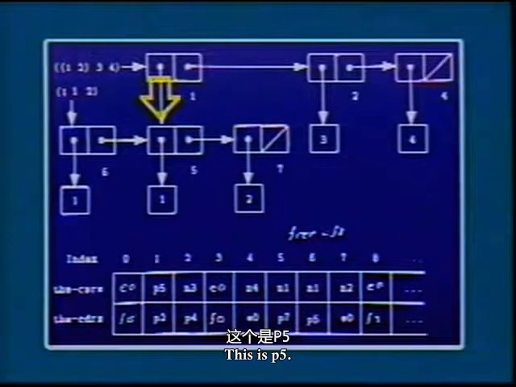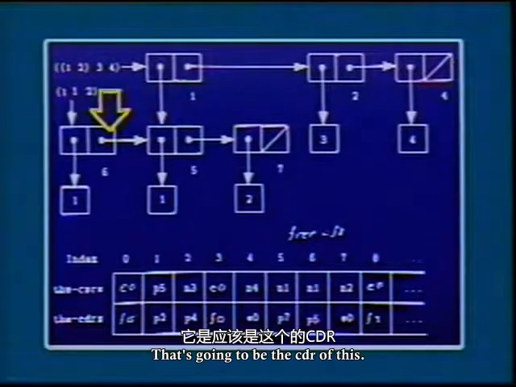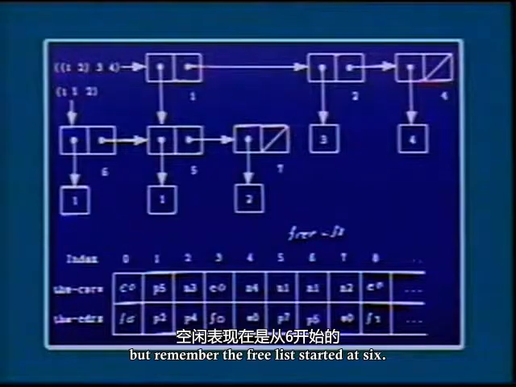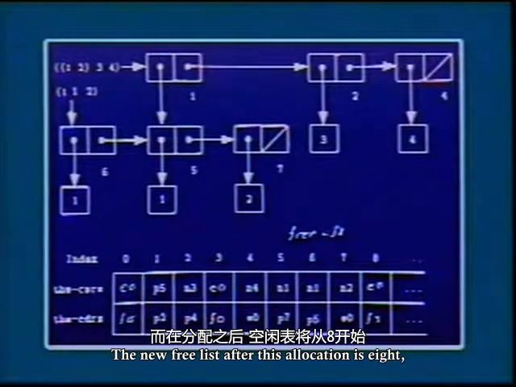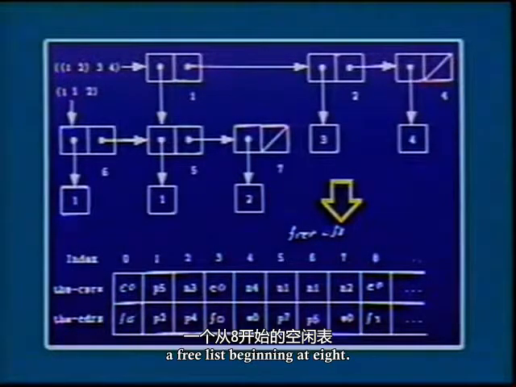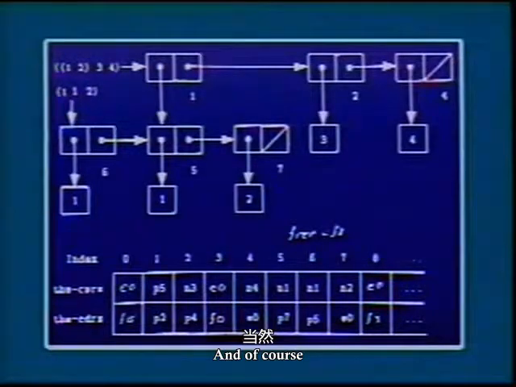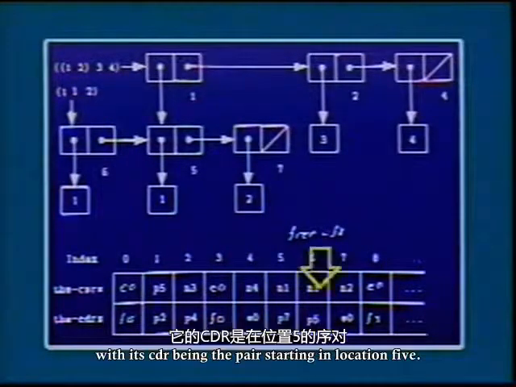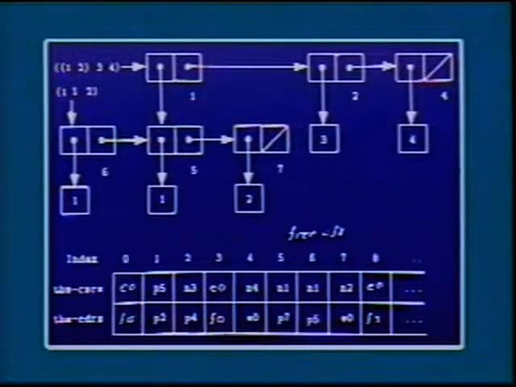This is P5. That's going to be the cdr of this. Now we're going to pull something off the free list, but remember the free list started at 6. And the new free list after this allocation is a free list beginning in 8. And of course, in 6 now we have a number 1, which is what we wanted, with its cdr being the pair starting in location 5. And that's no big deal.